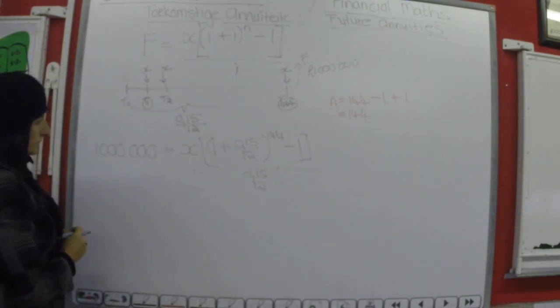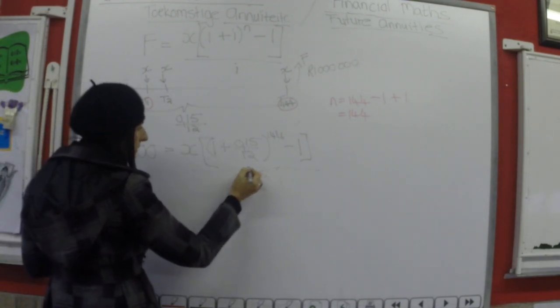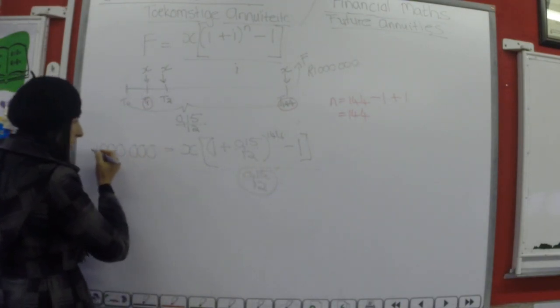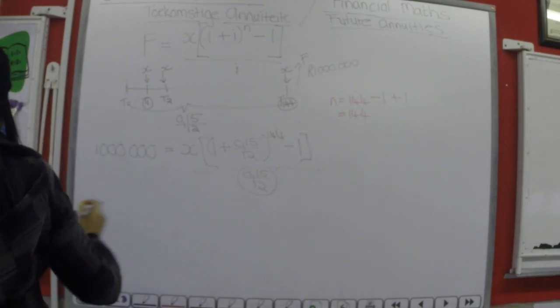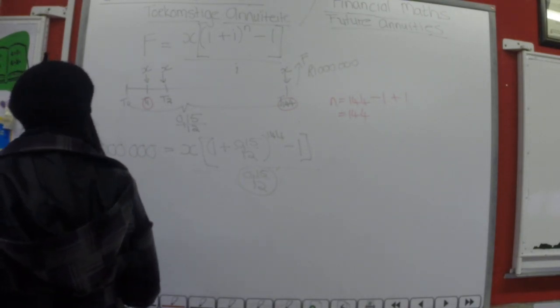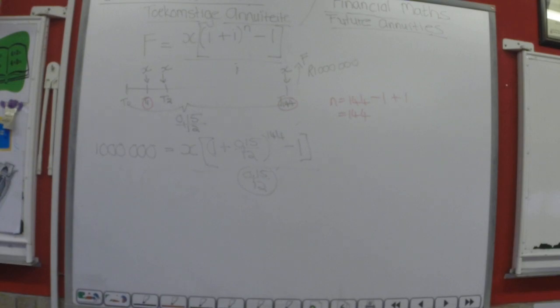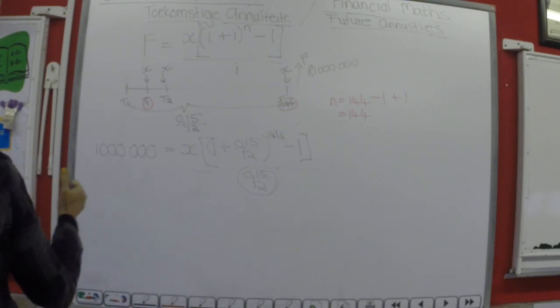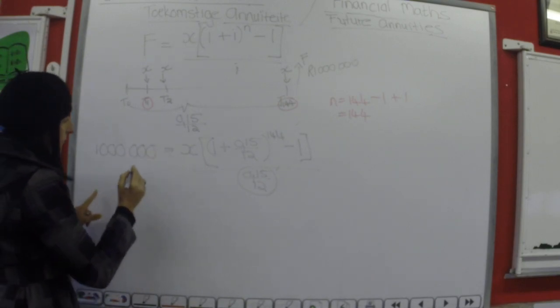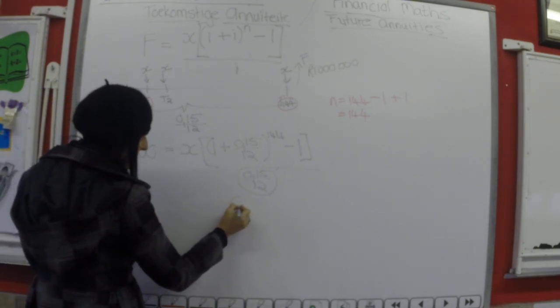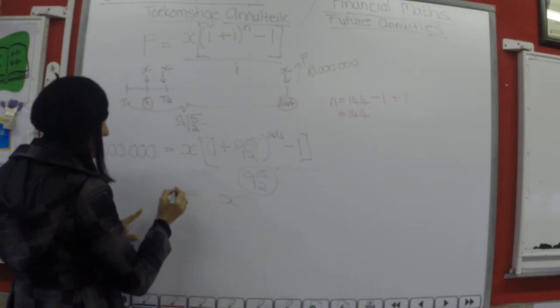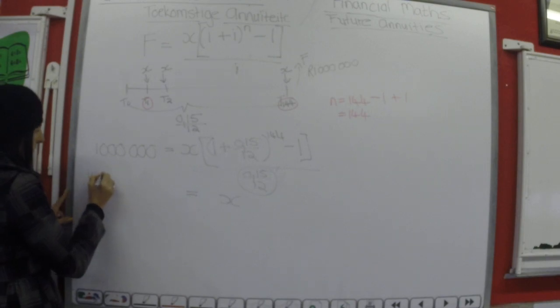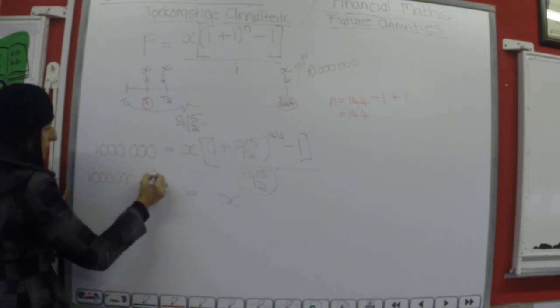So now we can take this interest to this side of the equals to. As ons dit hierdie kant toe bring, dan word dit, then we multiply with it. So if we want to get x as the subject, we're gonna take the interest rate to this side. So ons gaan daarmee vermenigvuldig.